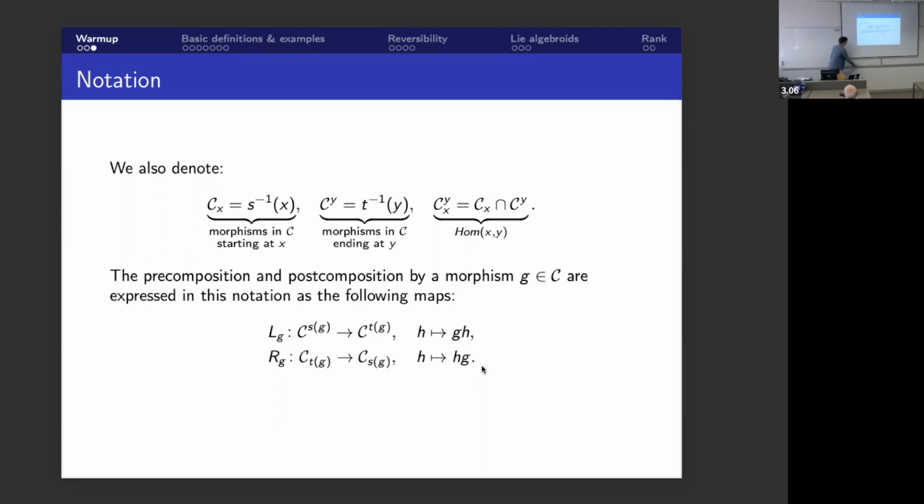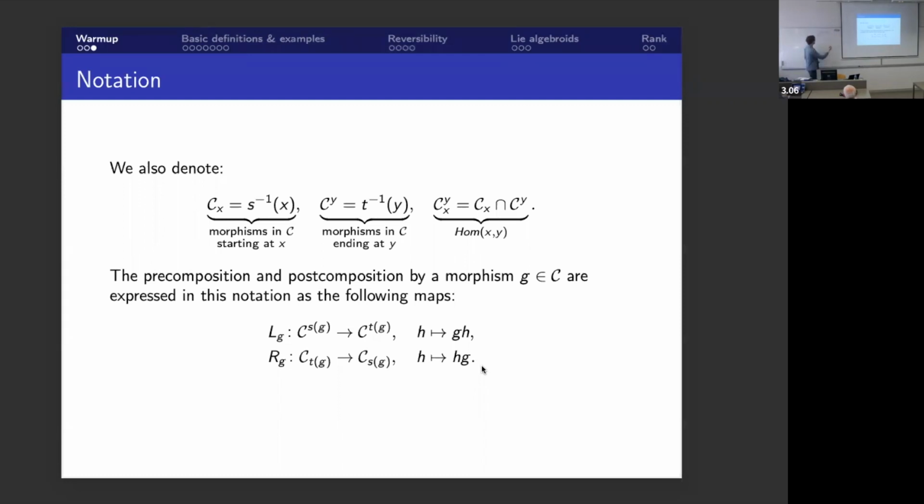And it's kind of obvious, right? Because I have a G. Well, what can I compose it with? Well, with something that has target equal to the source of G, right?